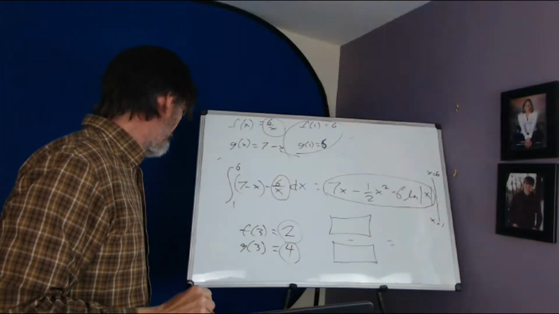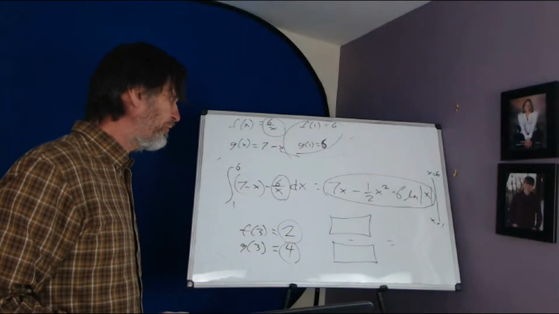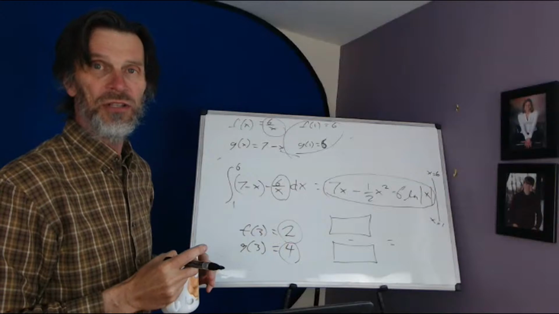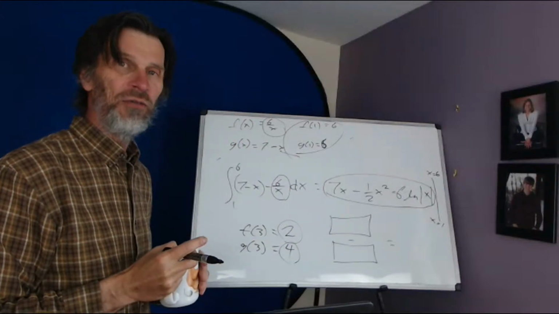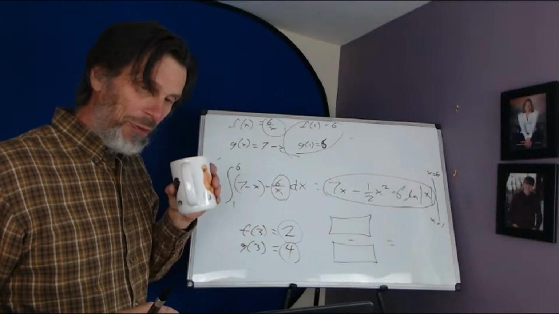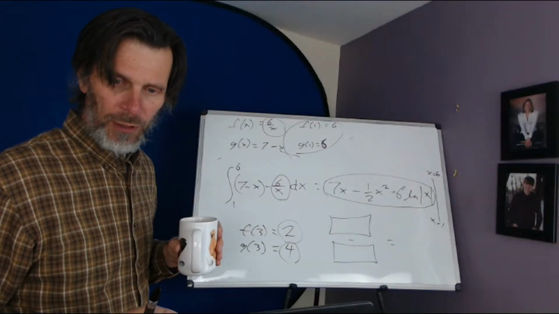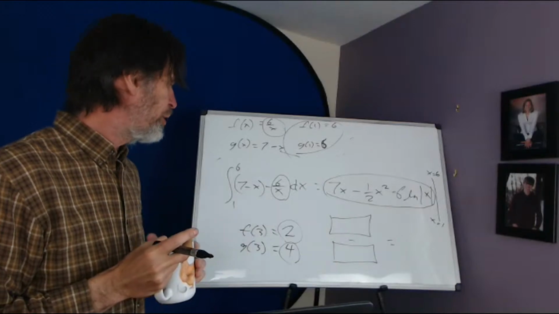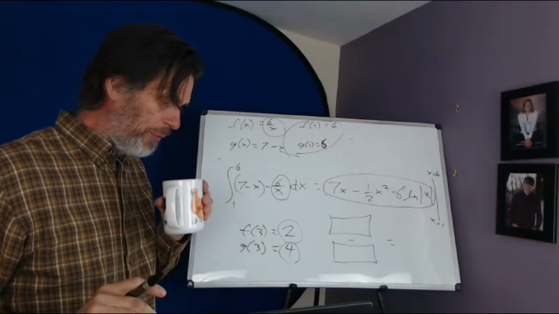But it's always upper function minus lower function. And the way you find out is you choose a number in the interval and see which of those is bigger if you don't have an idea what the graph looks like. So what do we have when we plug in 6? What do we have when we plug in 1?